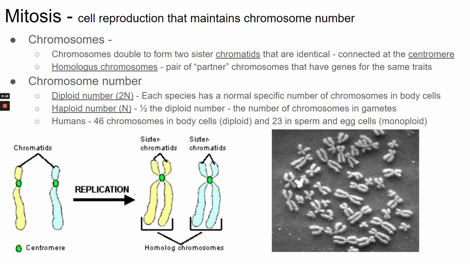But in order for us to understand it, we have to know about chromosomes. Remember what chromosomes are or where they're found in the cell? They're in the nucleus. So remember, in our cells, there's the nucleus, which has in it our DNA, our genetic materials.